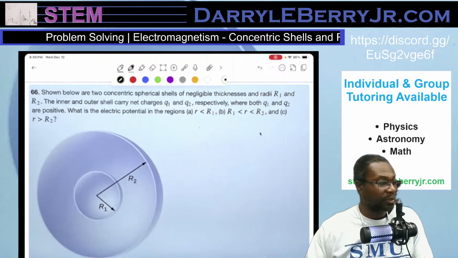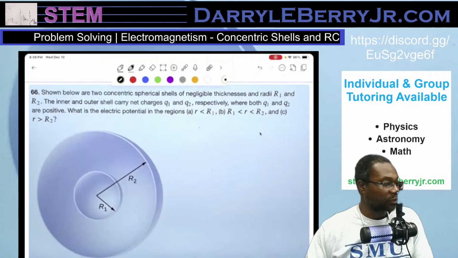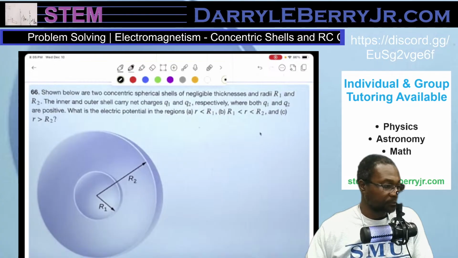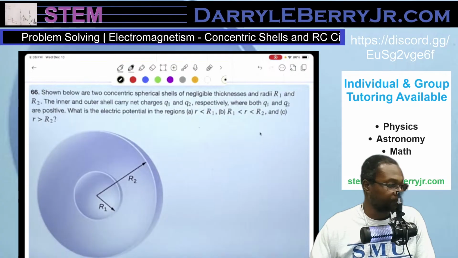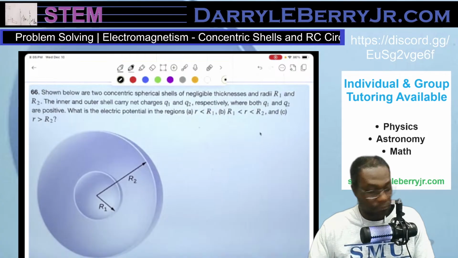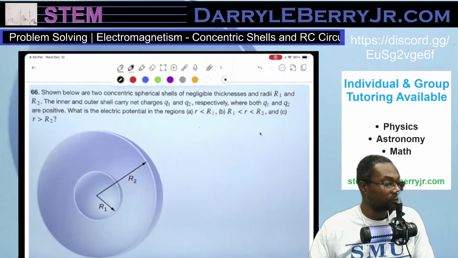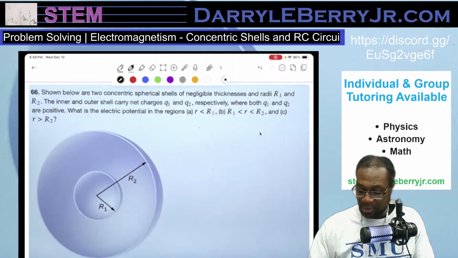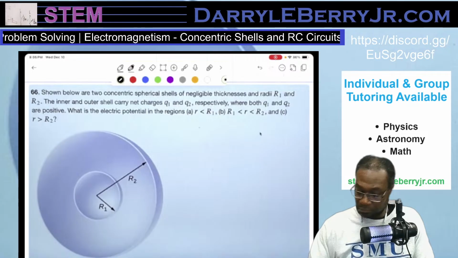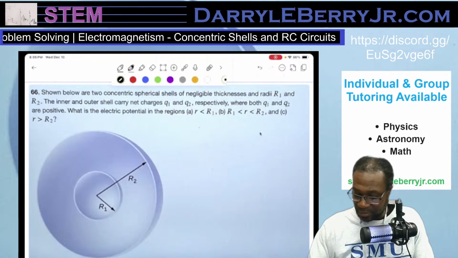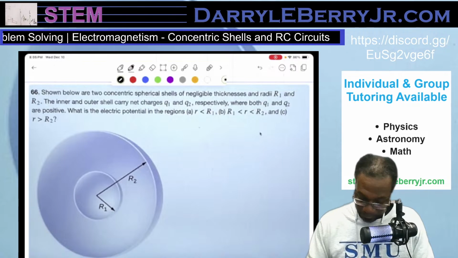I should end up with similar answers to what I had before. So let me scroll to my notes and I have to end up making a few adjustments. What I'll do is get the electric field, then I'll use that to get the electric potential.